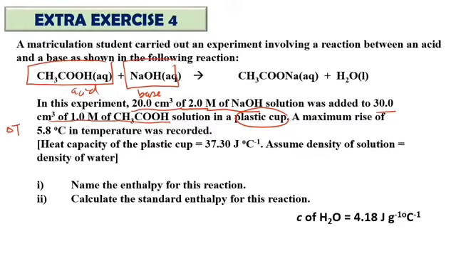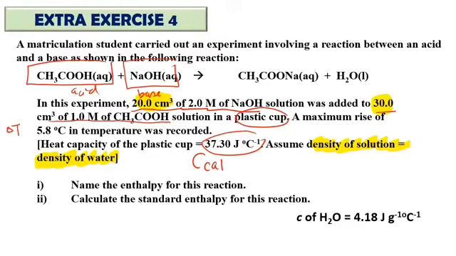Heat capacity of the plastic cup dia dah bagi dah. Ini adalah C calorimeter. And then assume density of water is equal to the density of solution. Kenapa kita buat assumption ni? Kalau soalan ni tak nyatakan assumption pun awak akan tahu sendiri. Kita assume the density of water is equal to density of solution. So, kita boleh kira mass of the solution based on the volume of the solution formed.